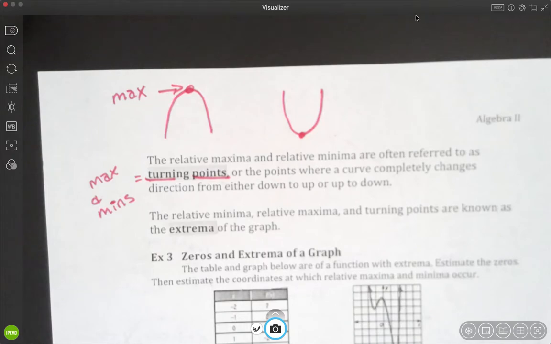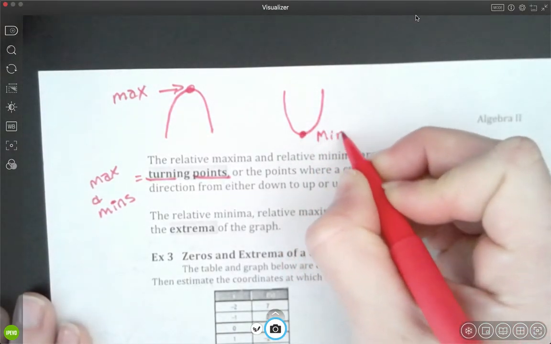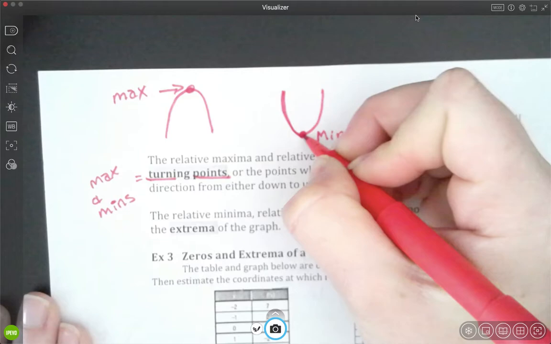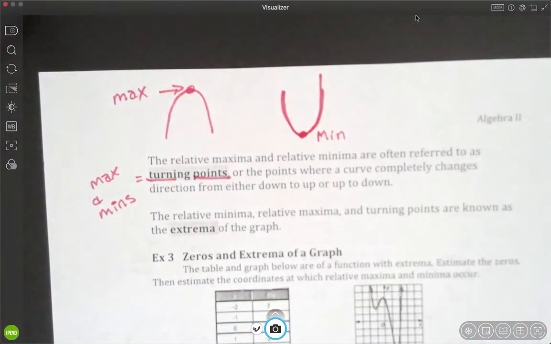Why do they call that point up there a turning point? It's where it turns around and goes the opposite direction, right? On one side it's going up, and then it turns around and goes back down. Over on the right side, at the minimum here, he's going down, and then he turns around and goes back up again, right? It's going the opposite direction. That's why they call it a turning point.